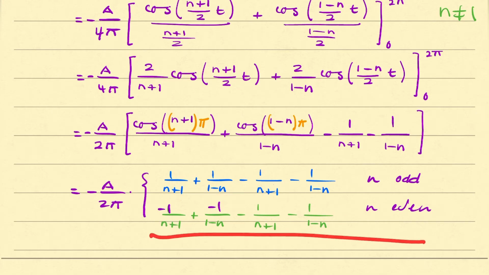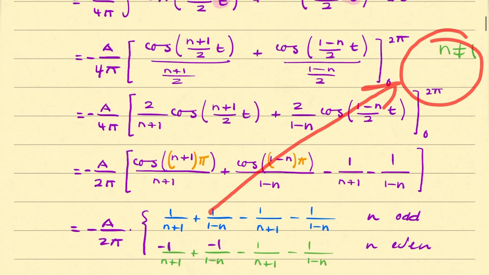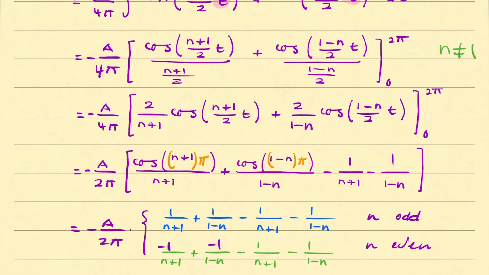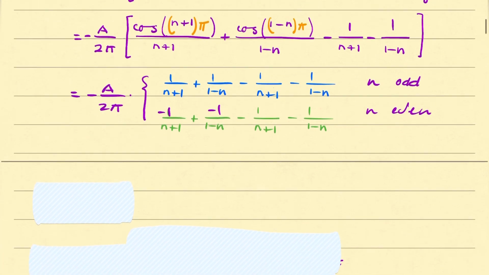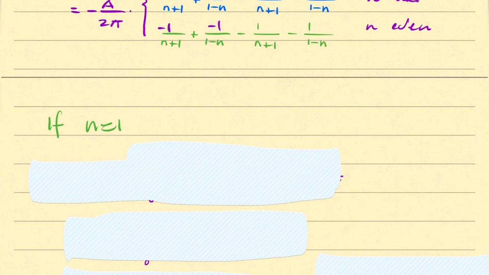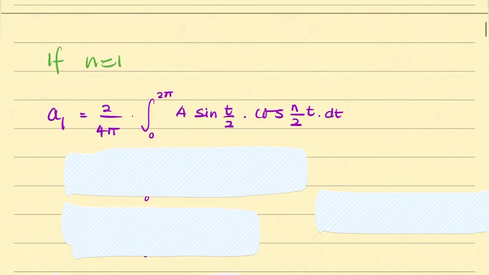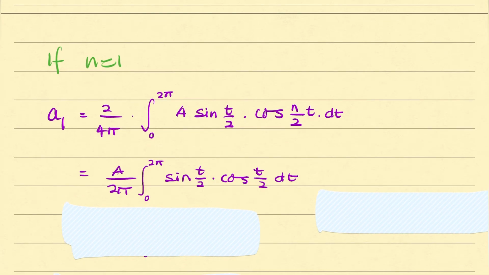But I'm going to leave that there for a second, and I'm going to go back to the fact that we said n isn't equal to 1, but what if n is equal to 1? If n was equal to 1, then we would need to find a1 separately. So if we replace 1 for n there, we end up with sine times cosine.